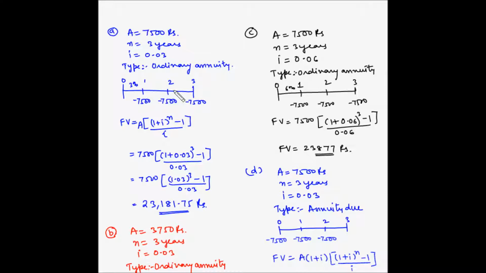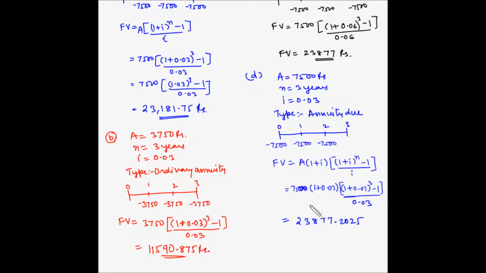So as you can see, when we were doing the same investment for same tenure, same interest rate, but at the end of each year, the future value at the end of 3 years was 23,181.75, whereas when we do the same type of investment, however, do it at the beginning of each of the periods, then we get 23877.2025.